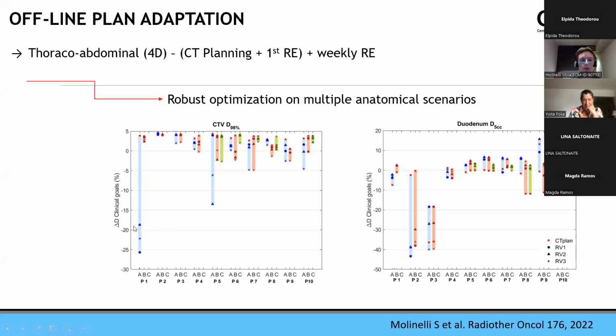For each patient, this is target coverage, CTV D98%, and here is the duodenum dose. Each point is a different evaluation during the treatment course. On average, it was not significant because the patient pool was very small. But on a patient basis, the multiple anatomical scenario approach was able to recover target coverage and also to minimize duodenum dose in more than 1 case.